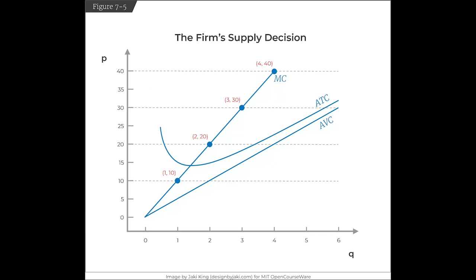At a price of 30, it wants to produce 3, and so on. That line that runs from 0,0 all the way up to 440, that's the marginal cost line. At each point, price equals marginal cost, the optimal production decision. And you never shut down. As long as price is positive, you produce.